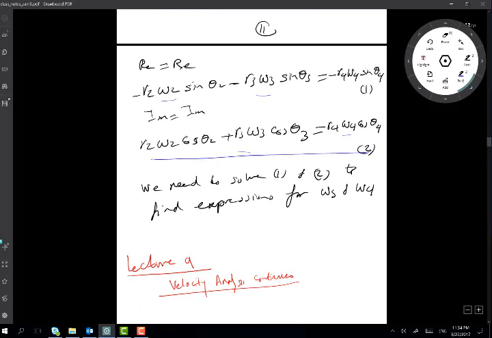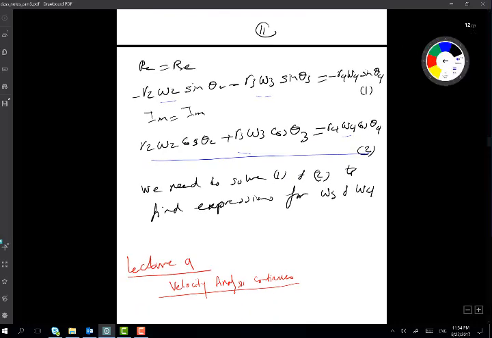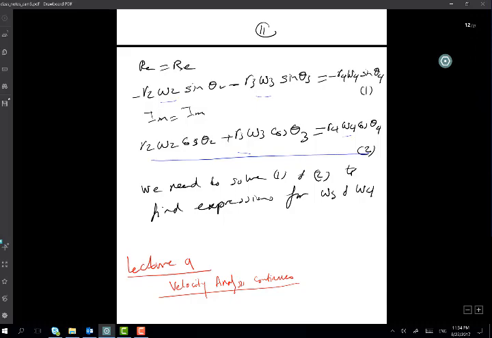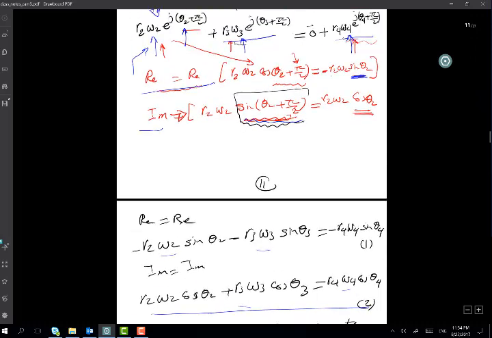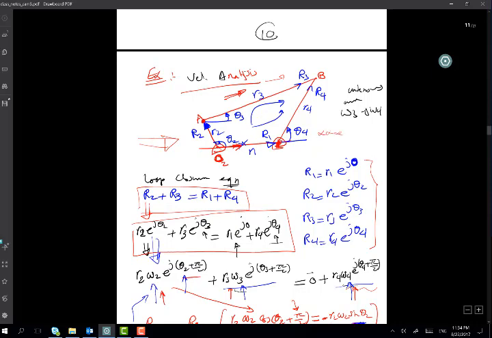All right, so now I have a velocity equation in front of me, which I need to solve to find my unknown velocities. As I said last time, my unknown velocities are the derivatives of the unknown positions of the links, like theta 4 and theta 3, the two unknowns.